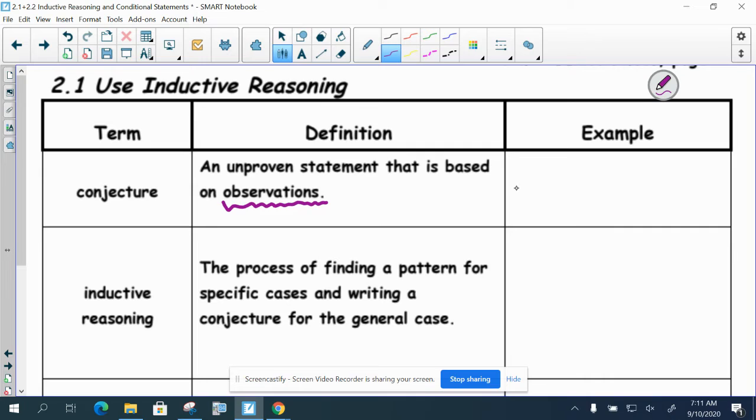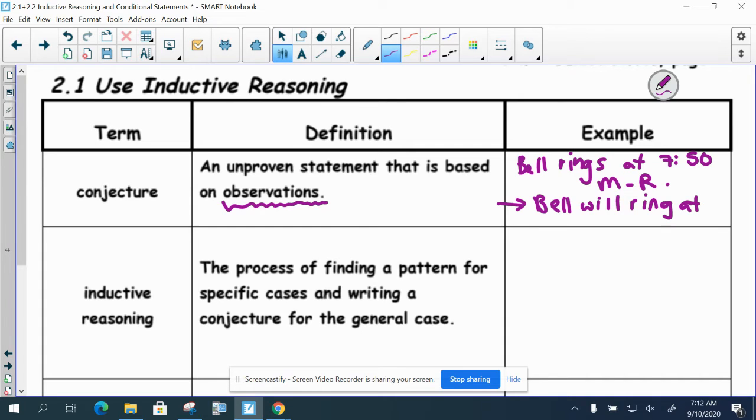So, for example, the bell rings at 7:50 on Monday through Thursday. So a conjecture that you can make would be that the bell will ring at 7:50 on Friday.